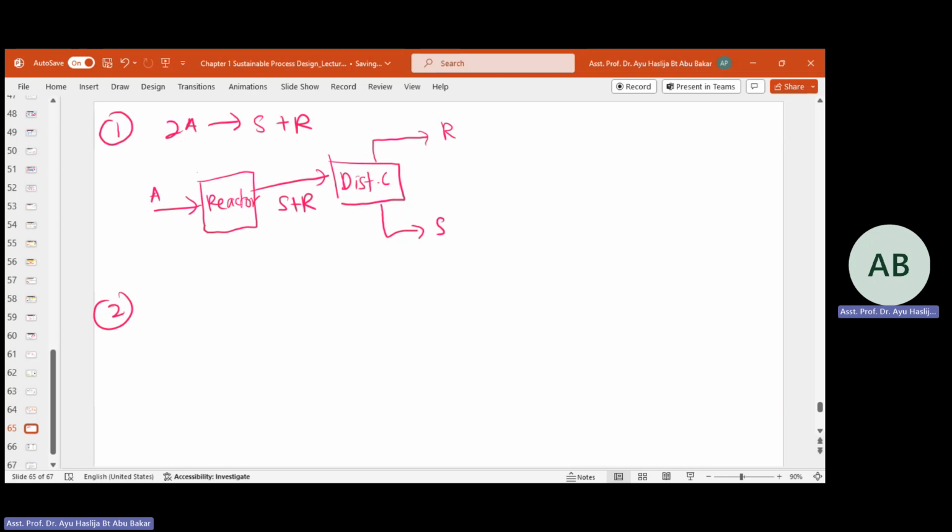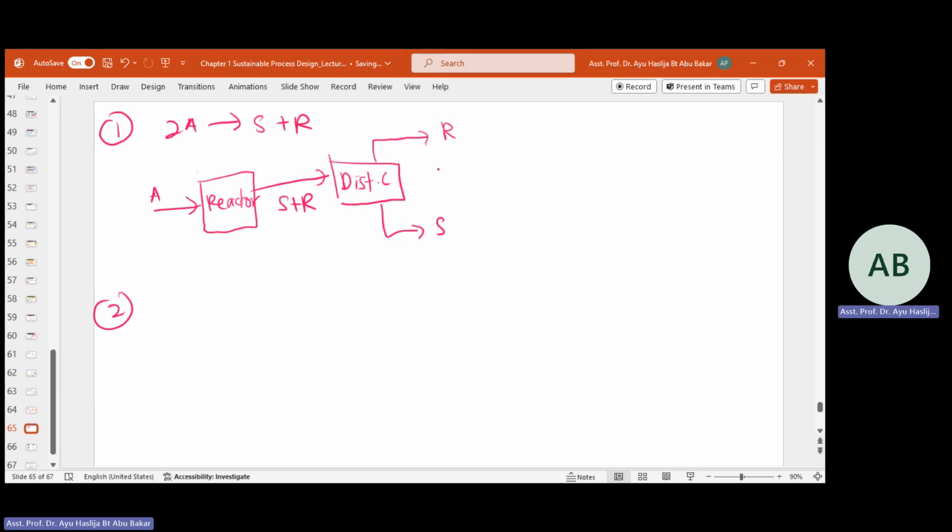Now for route 2, but first, for route 1, any other possible consideration? That's all you can think of? To separate what, and recycle S and R?